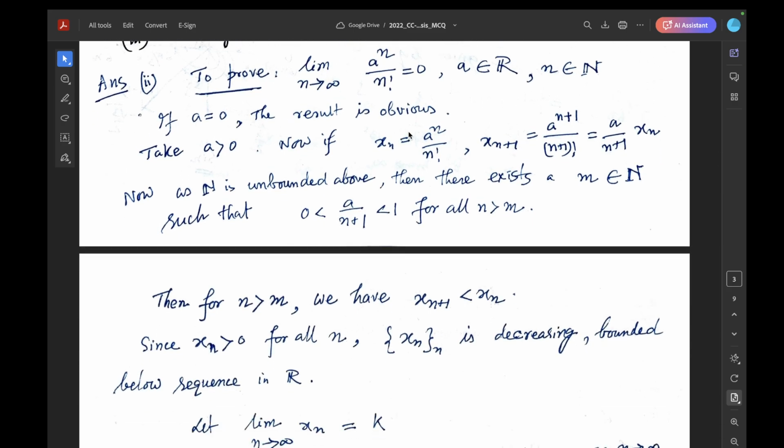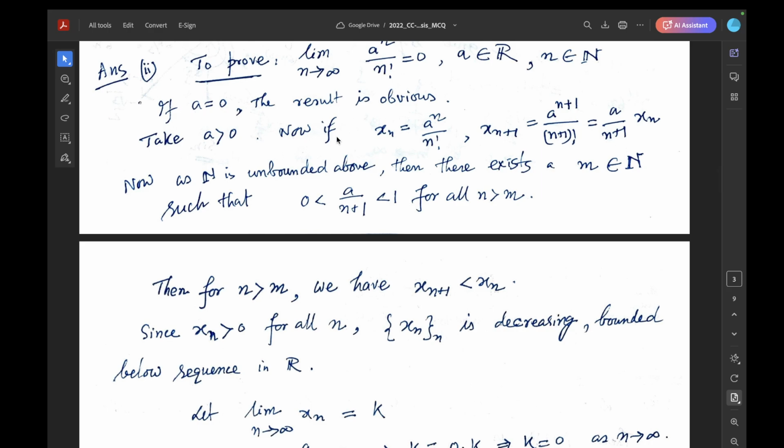So this is the proof. If a equals 0, the result is obvious. Take a greater than 0. Let xn equal a to the power n by n factorial, so xn plus 1 equals a to the power n plus 1 by n plus 1 factorial. This is equal to a by n plus 1 into xn. Now, the set of natural numbers is unbounded above, so there exists a natural number m such that 0 is less than a by n plus 1 less than 1 for all n greater than m.